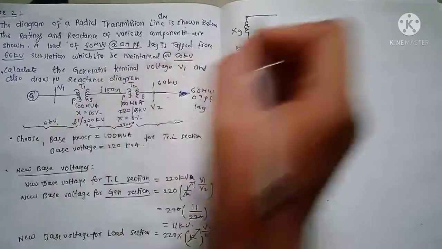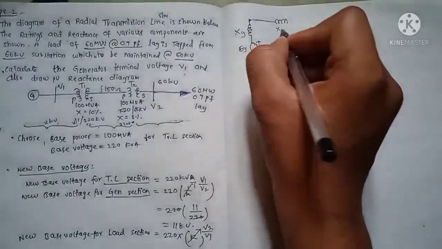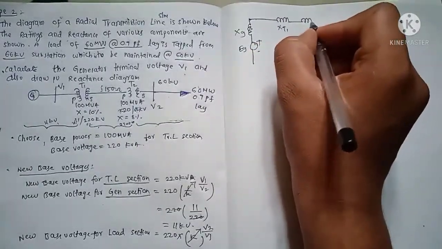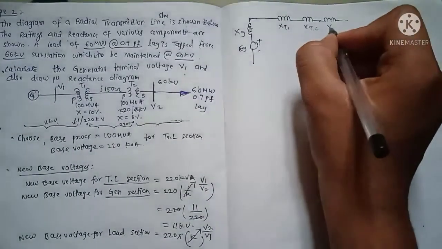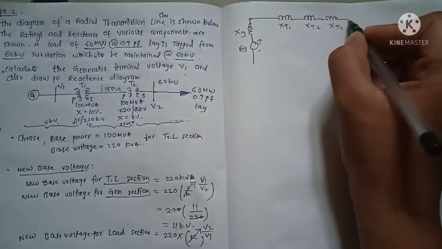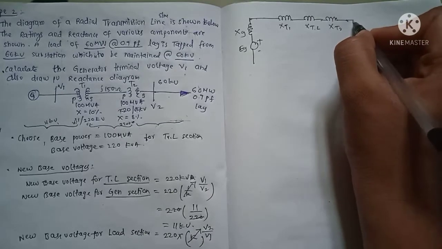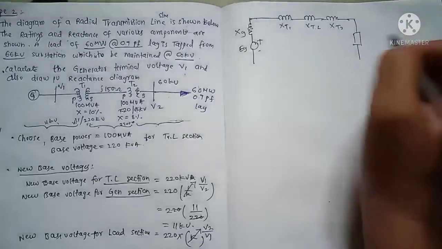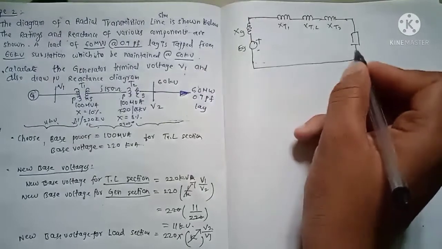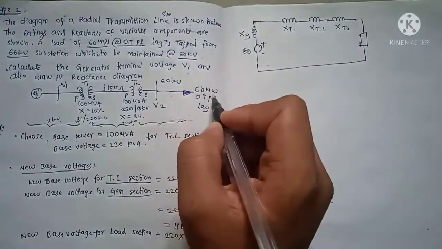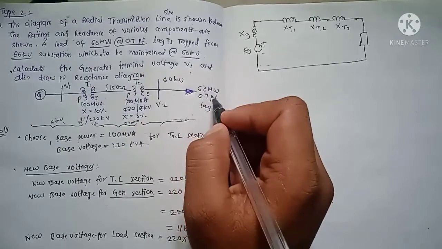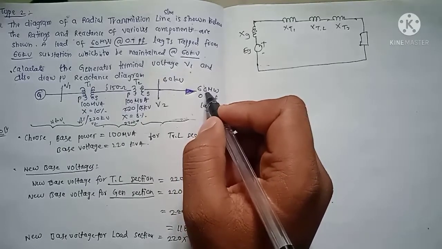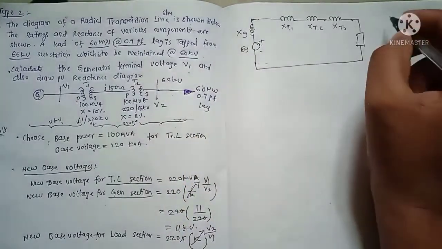And then T1 transformer XT1, the transmission line XTL, and transformer 2, XT2, and we just need to mention the load. No need to calculate the load reactance in pu, because they did not mention any voltage, they gave power only.